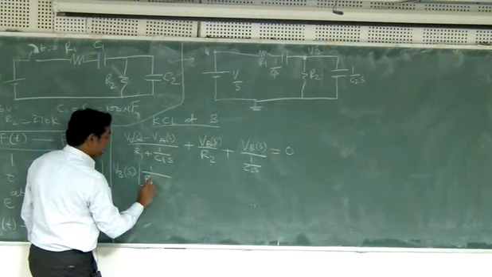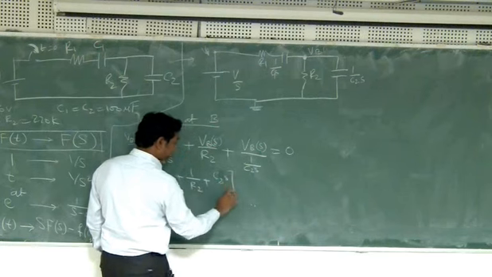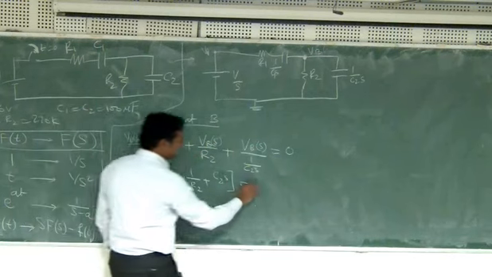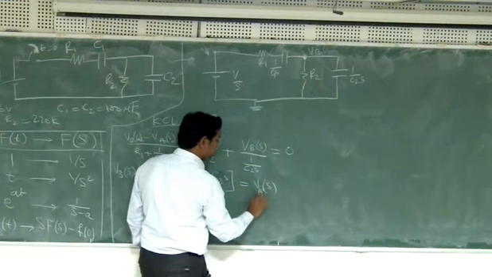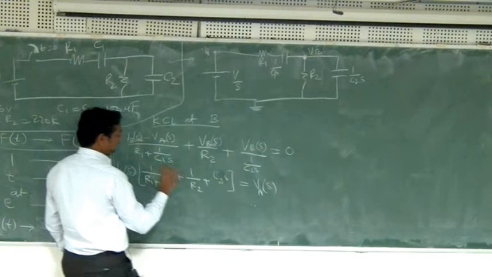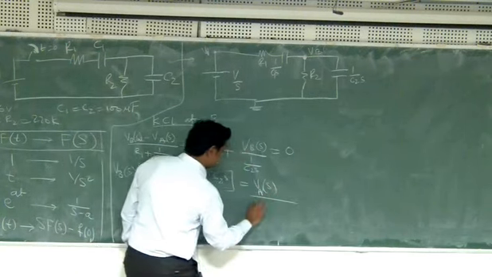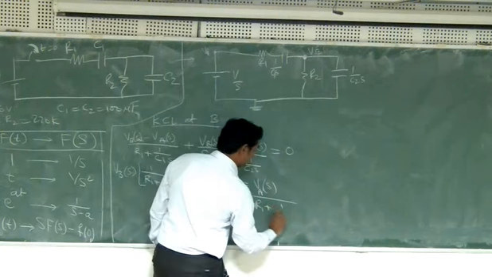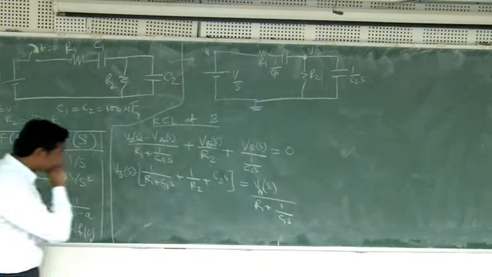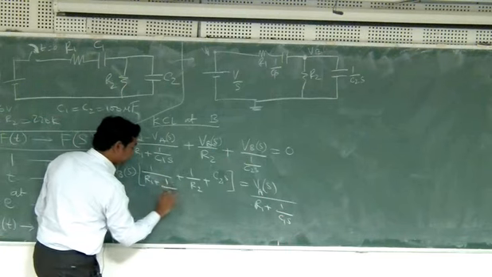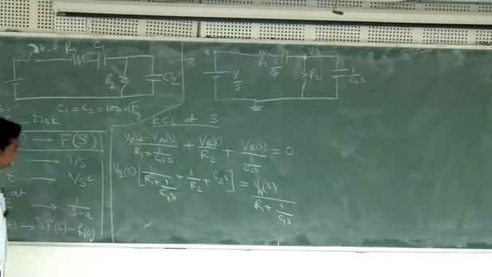So 1 by R1 plus 1 by C1S, plus 1 by R2 plus C2S, equal to, this minus sign will become plus sign after going there, VA of S by R1 plus 1 by C1S. Okay. This one, no? Okay.